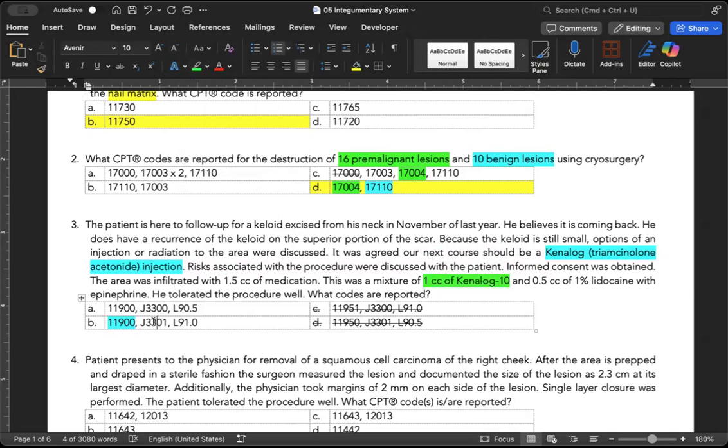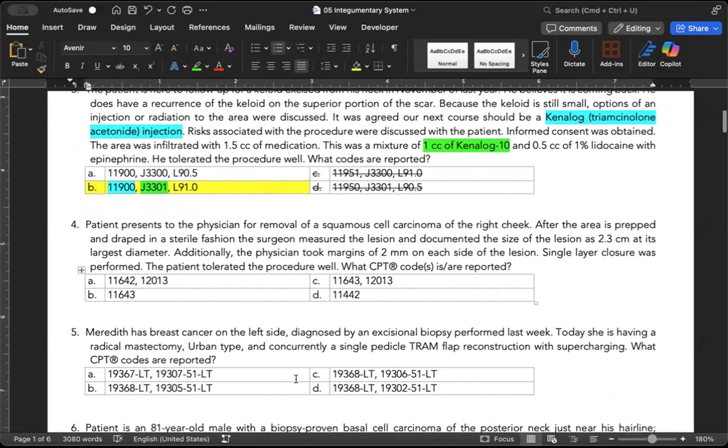So that's going to be our J3301. And then in this case, we do not have to go to our ICD-10 at all. And so we've got our answer for number 3. Okay. Any questions on that one? Okay.